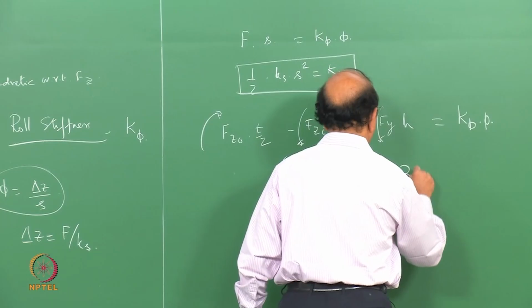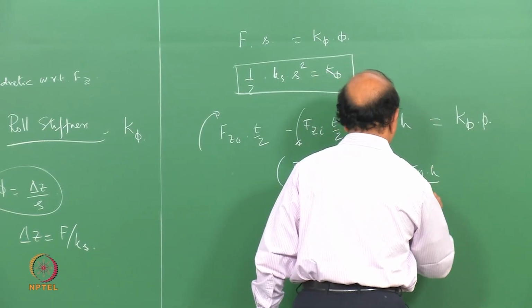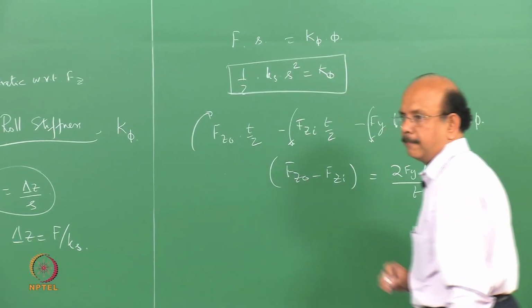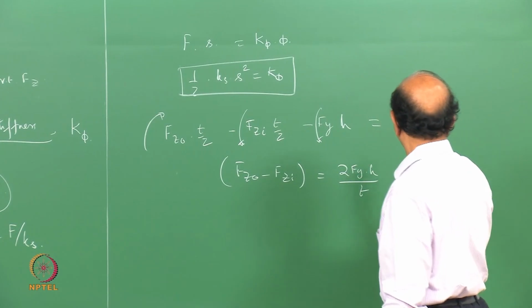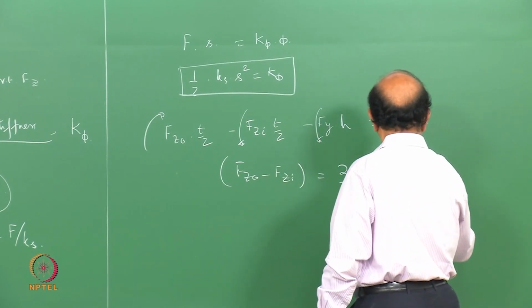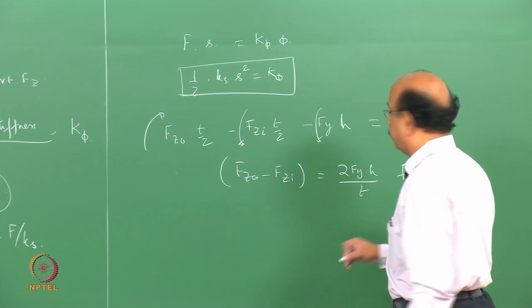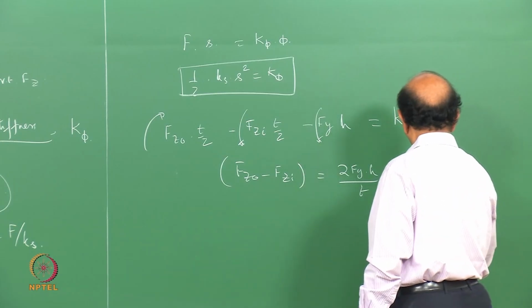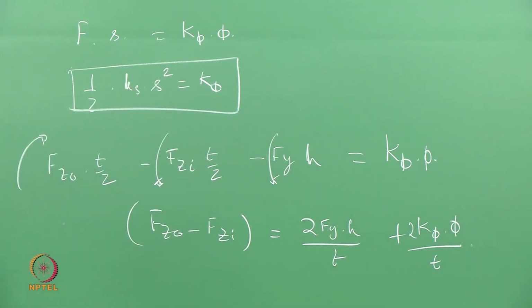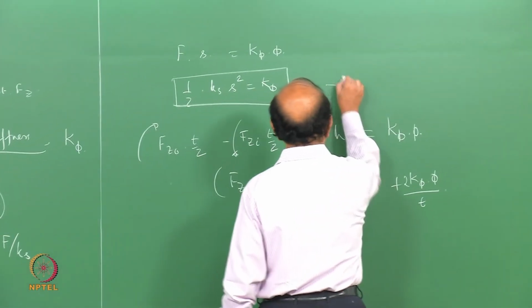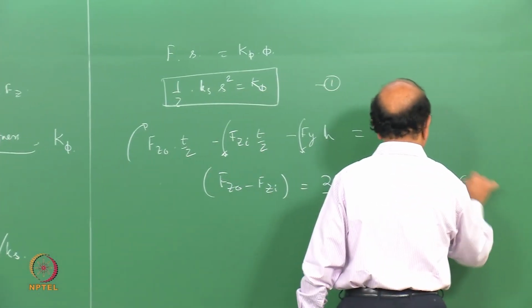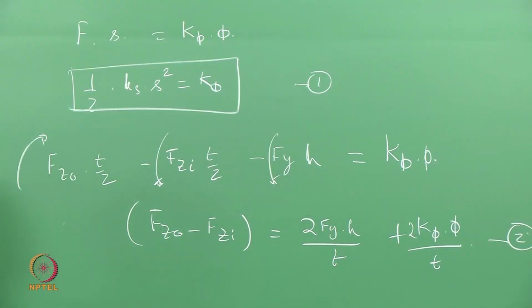So it becomes 2 Fy into h divided by t, t is the track, plus K phi into phi into 2 divided by t. Let me call that, I have to put the equation numbers properly, let's say that I'll call this equation 1 and that equation 2.